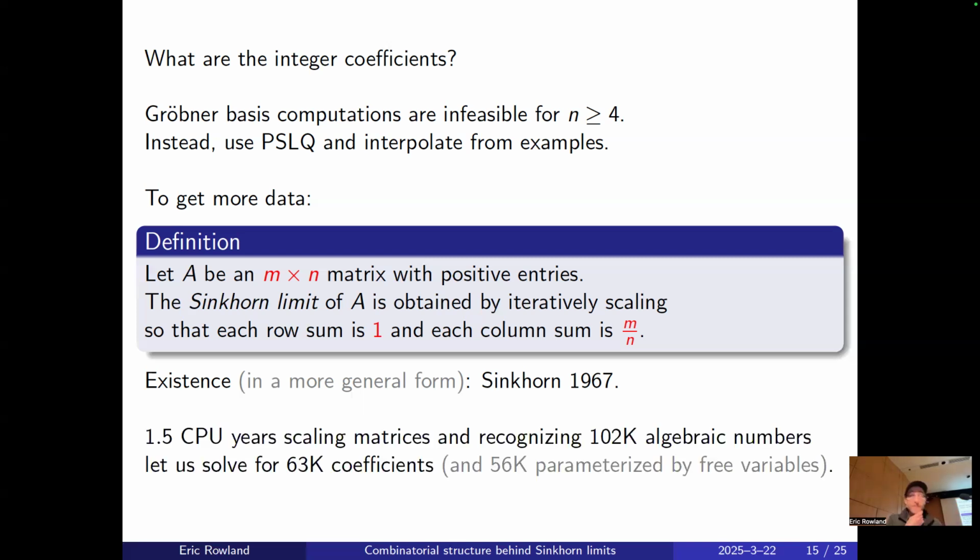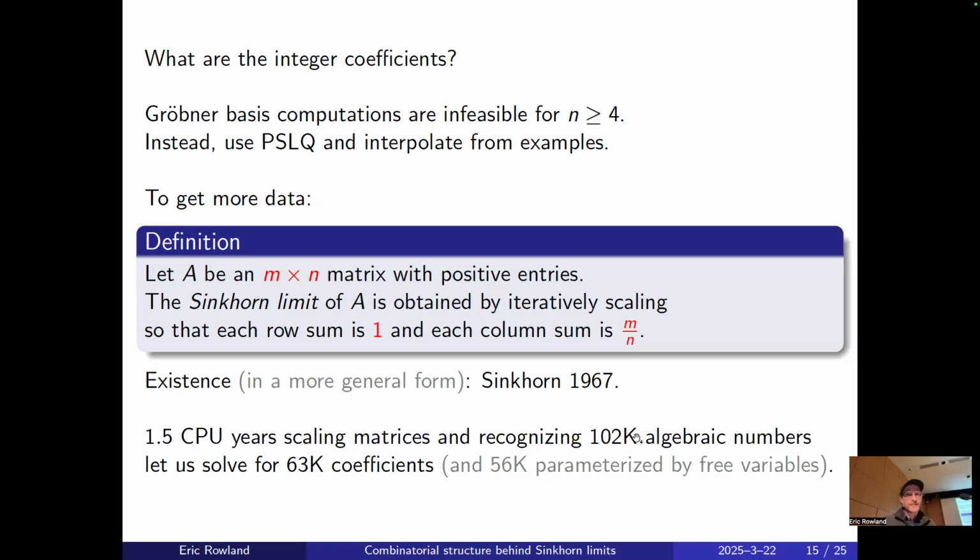And this became a big software engineering project. So we spent a year and a half of CPU time scaling matrices and running PSLQ to recognize numbers just to get as much data as possible. Because for 4x4 matrices, we're looking at degree 20 equations, and each coefficient is a sum of a bunch of sigmas. So there were a lot of coefficients that we needed to solve for.